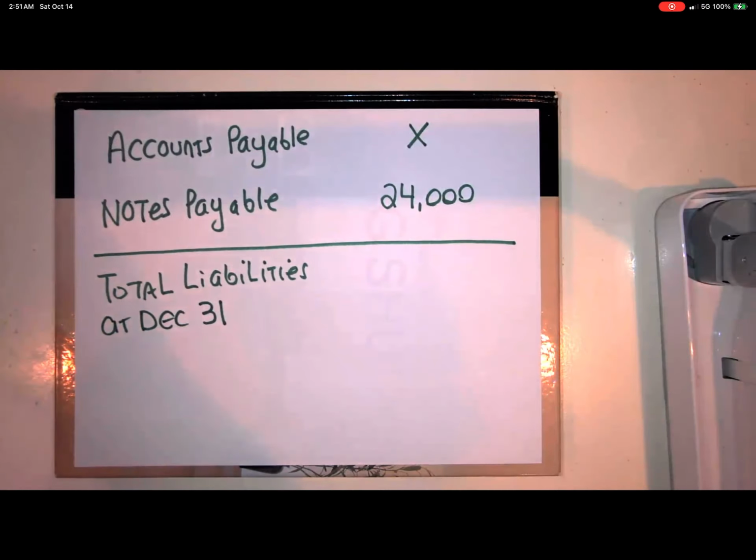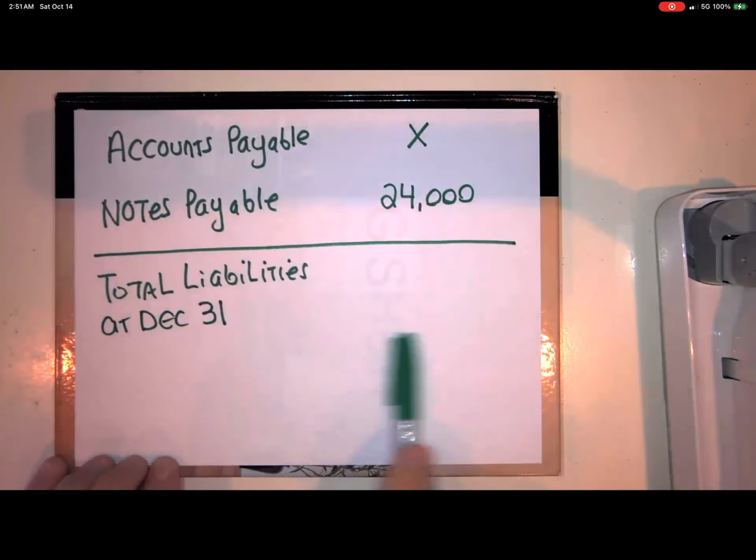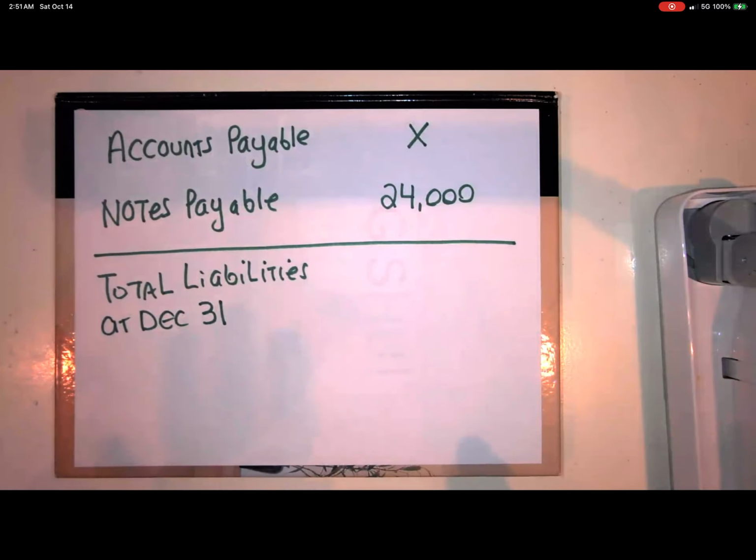Zane, I'm going to ask you to do one more thing, and then I'll turn it over to somebody else to finish. So what he has told us we have to do to get to our total liabilities is use assets equal liabilities plus equity, the fundamental accounting equation.